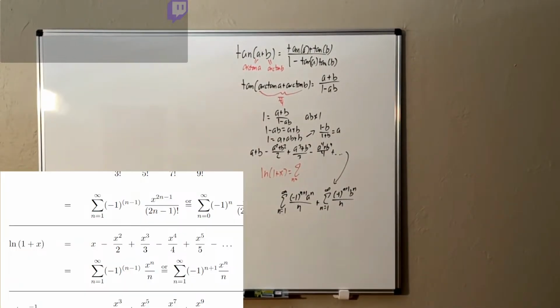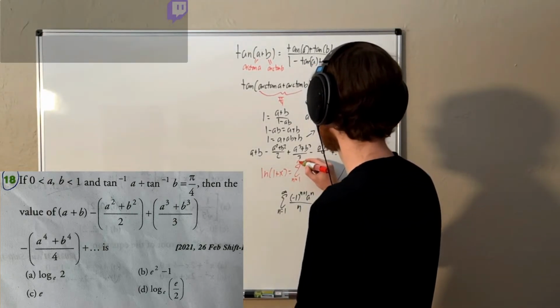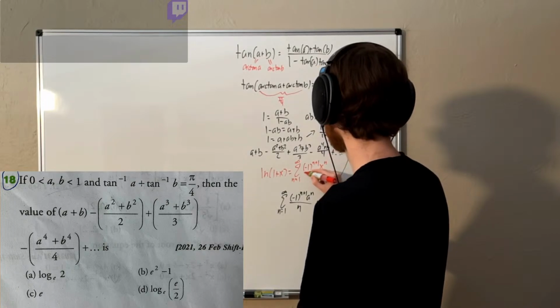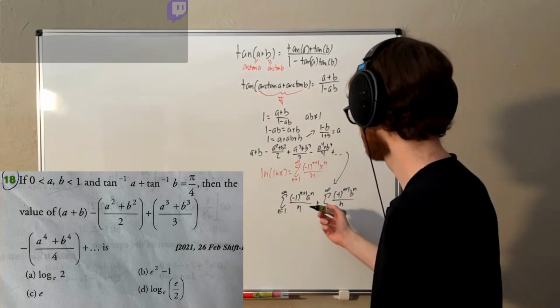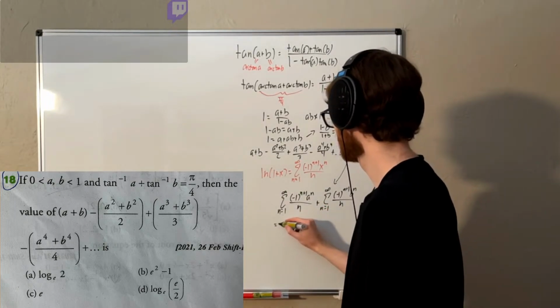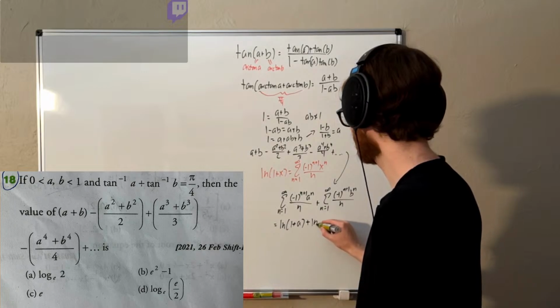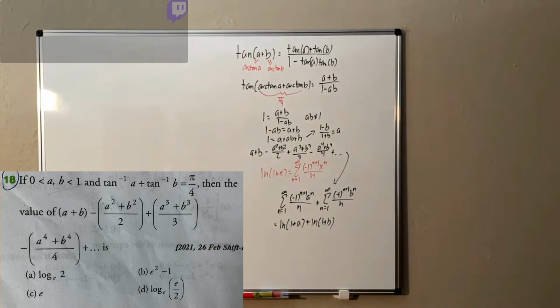We should actually care about the bounds. N equals 1 to infinity. Perfect. So we can say this is ln of 1 plus a plus ln of 1 plus b. What form do our answers have? Ooh, we have to get an actual number here, though.